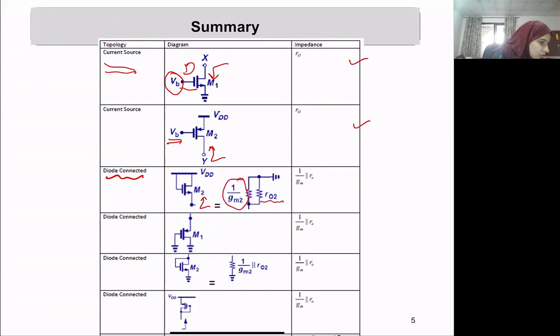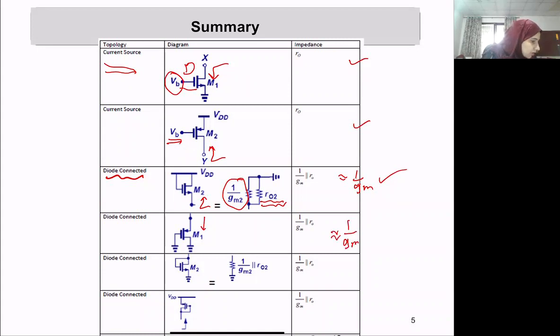If lambda is not 0, then we will see that it's in parallel with the R out. If you even just put 1 over Gm, it's also correct, because 1 over Gm is very small compared to the R out. So if they are in parallel with each other, it will almost be equal to 1 over Gm. Similarly here, we are looking from the source side, so we will see 1 over Gm.